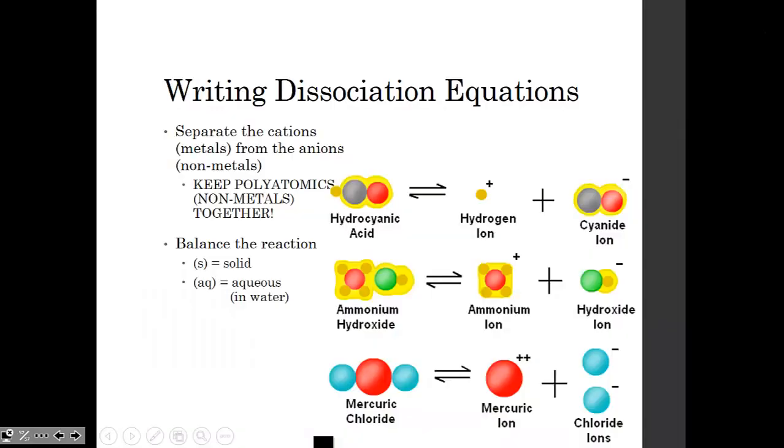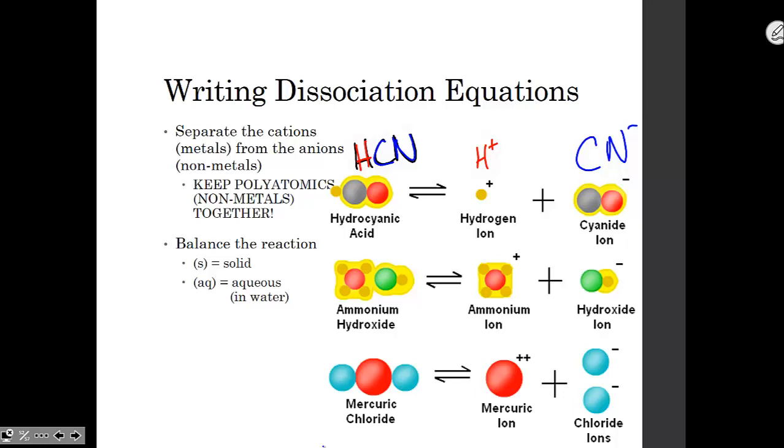So you are actually able to represent this by writing what's known as a dissociation equation. In a dissociation equation, we show the cations separating from the anions. So for example, hydrocyanic acid separates into hydrogen ions, the cations, and cyanide ions, the anions. You separate your cations from your anions.